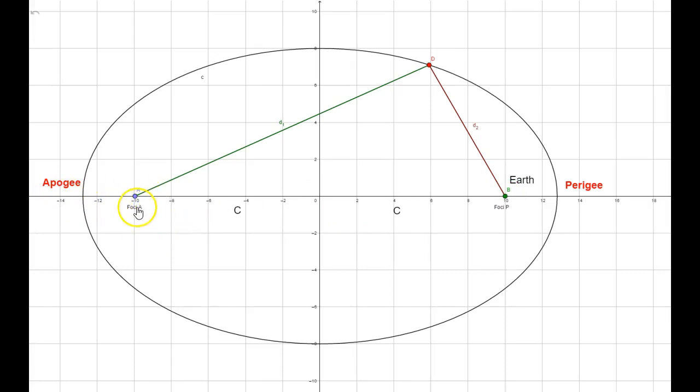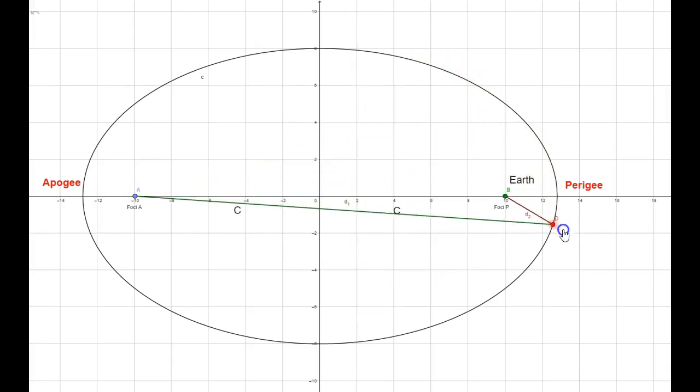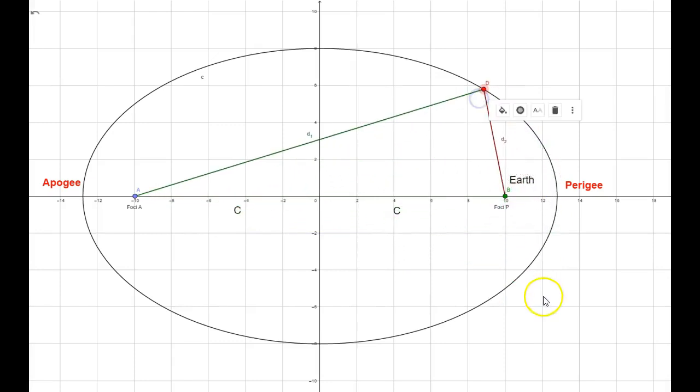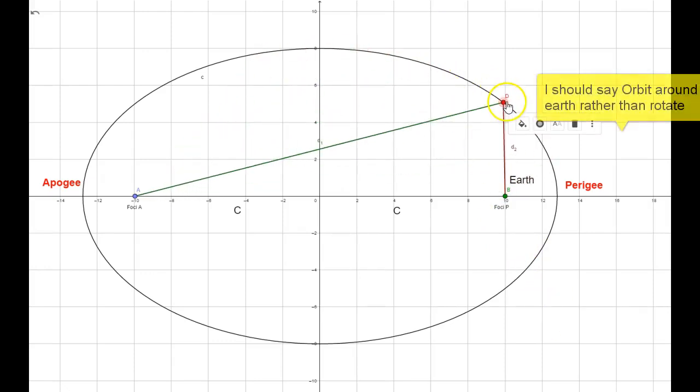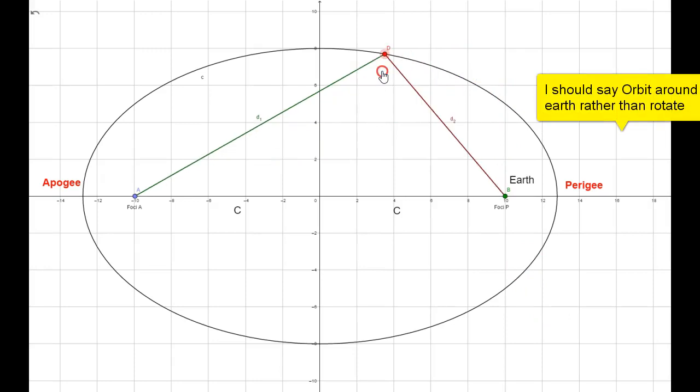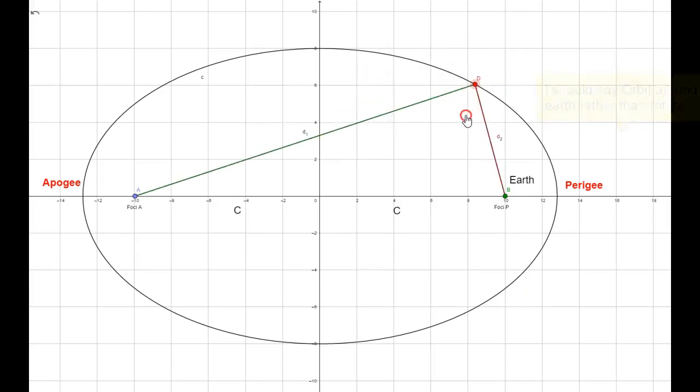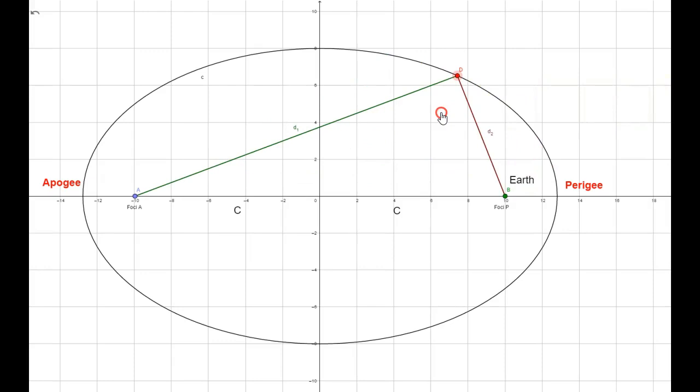That furthest point I call A. As you can see, as a satellite rotates around Earth, it travels an elliptical path. Now, this could be the sun, and this object could be Earth orbiting the sun.